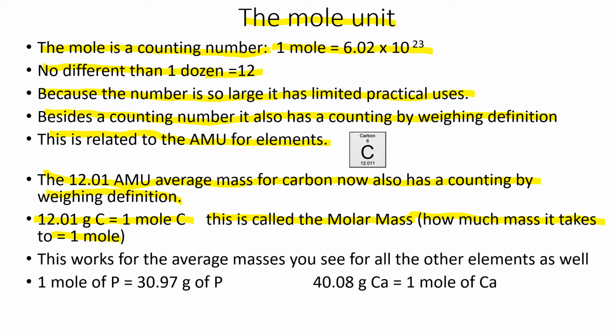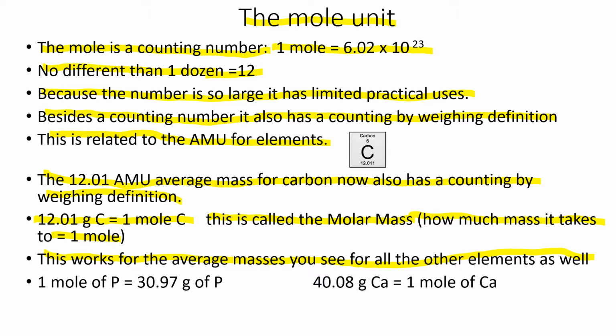And it doesn't just work for carbon, it also works for all of the other elements as well. So every element you see on the periodic table, that average mass, those AMUs, that's telling you how many grams of that substance it takes to give you 1 mole of that substance.